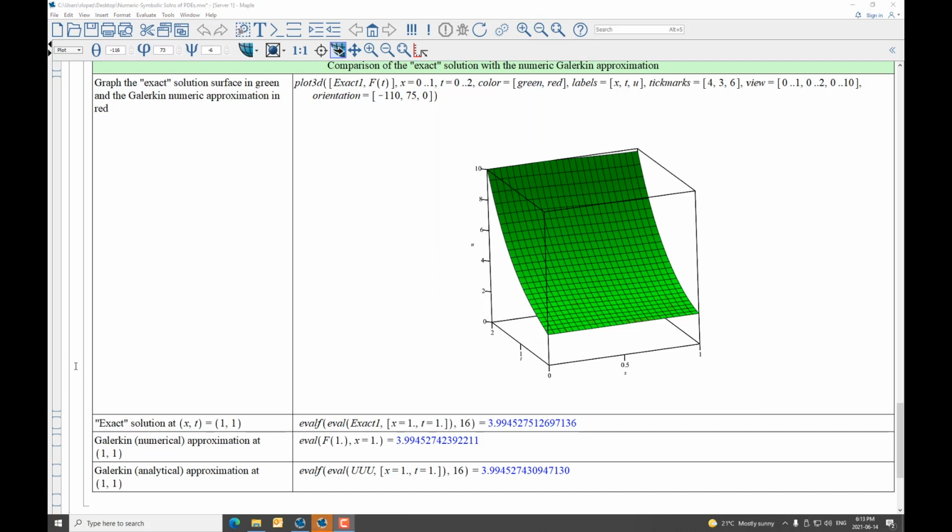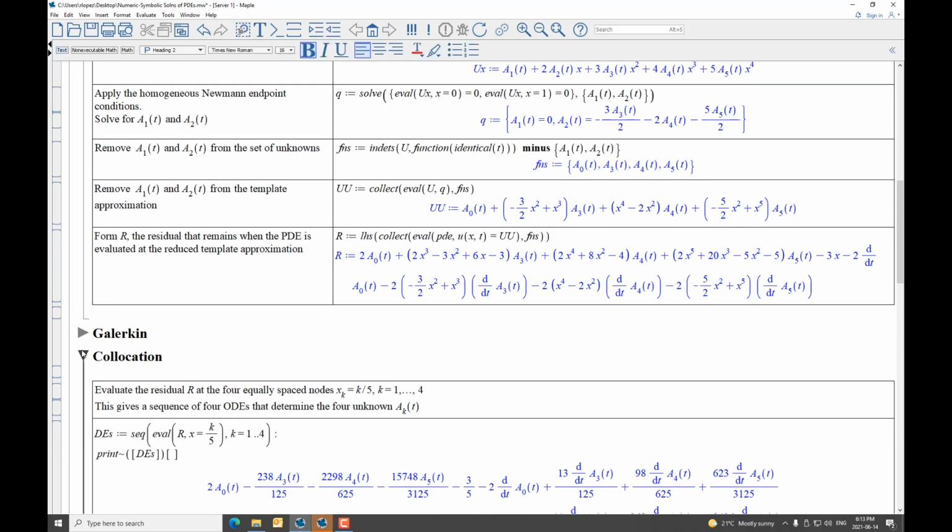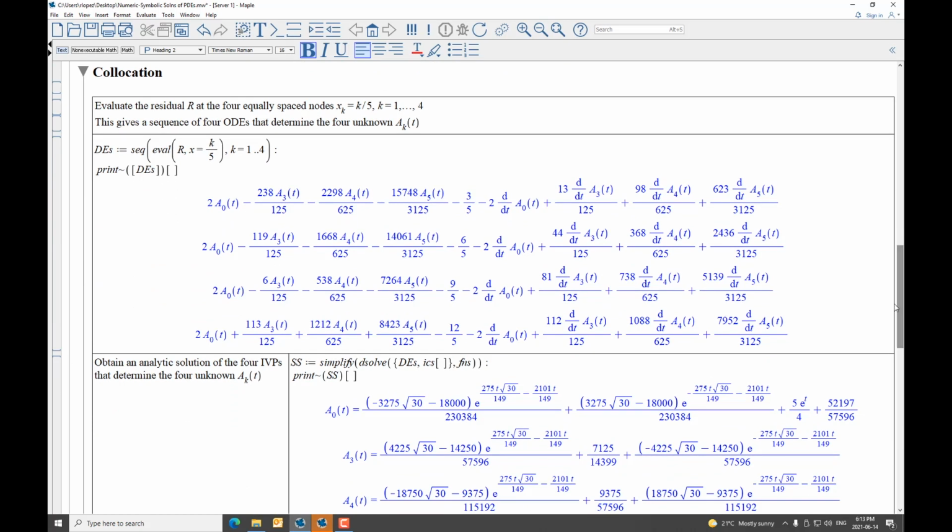Let's apply the collocation technique to this problem. So we have the residual R. Let's evaluate it at equispaced nodes. This will give 4 differential equations.